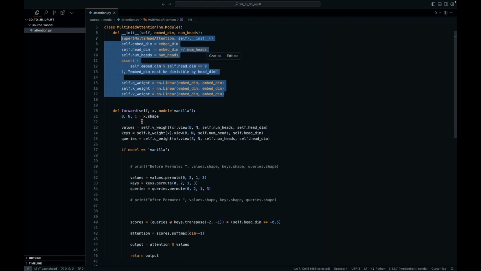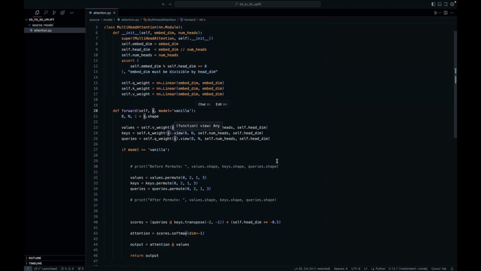Then, coming into the actual operation, we have x as the input, which is the embedding space that we just discussed. We divide its shape into three things: the batch size, the length of the text, and the channels. I'm not focusing on the channels first, but that will be taken care of by the code itself.